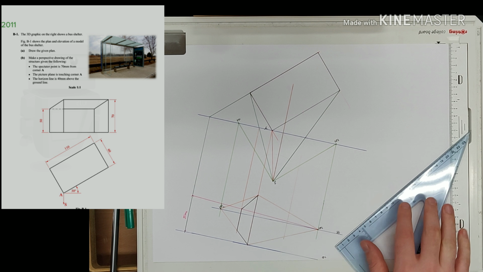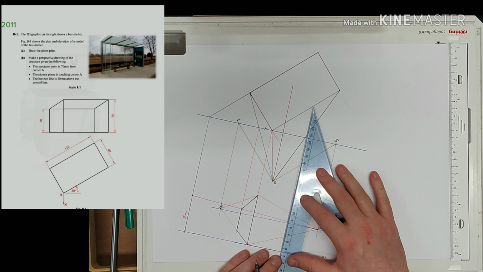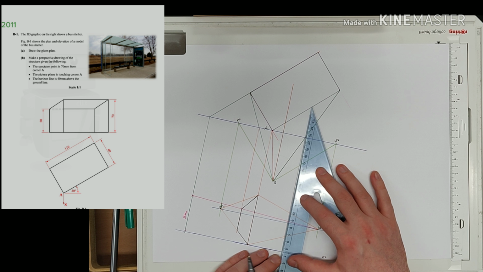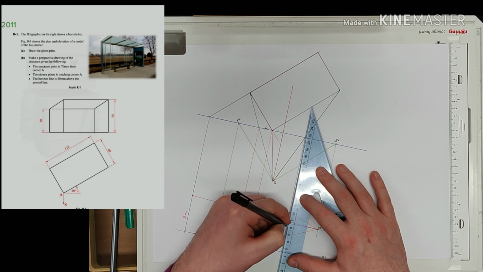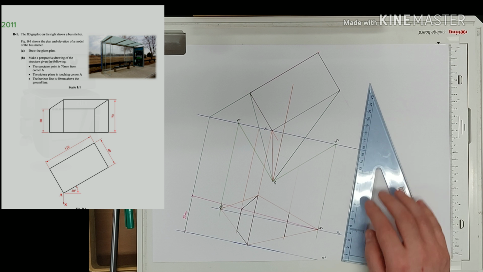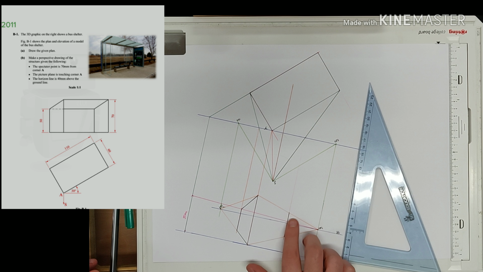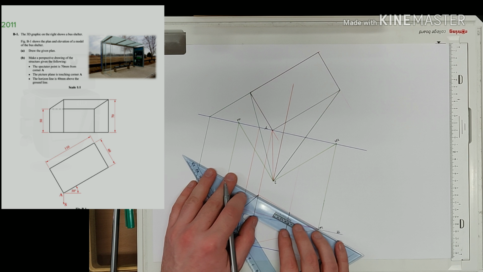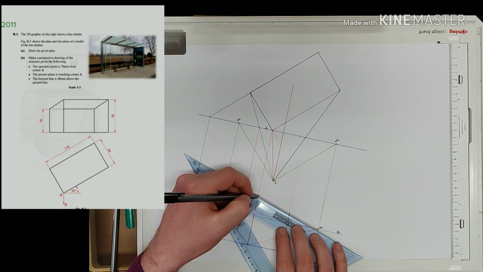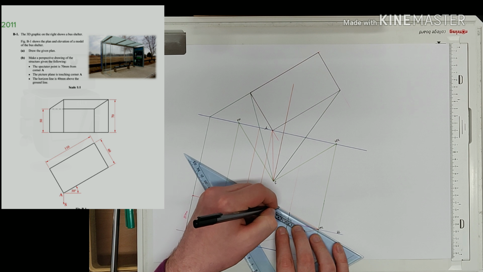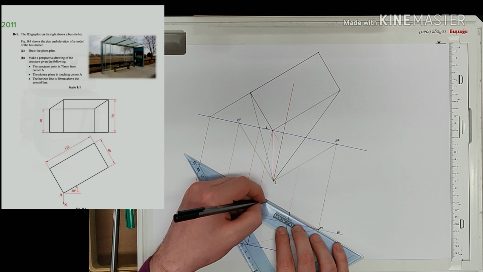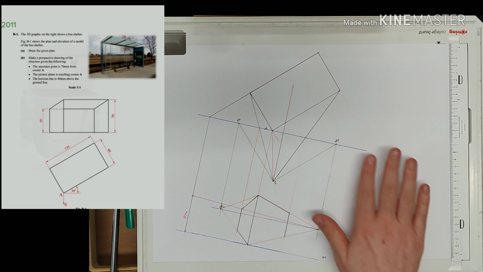Okay, so now we're darkening this back line here. And we know that this guy is going to connect here, so it can be darkened in. That is as much as I need to darken in at the moment.